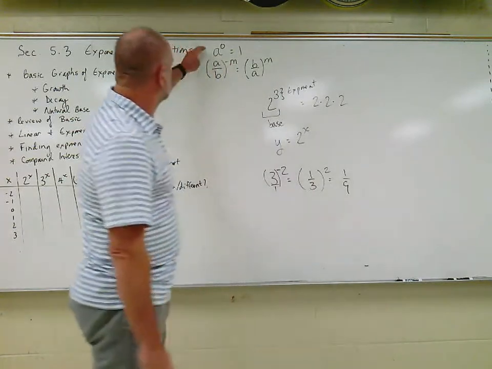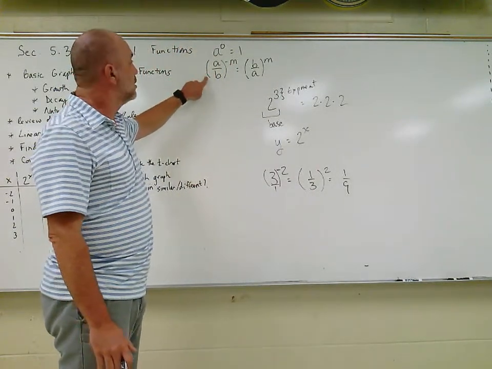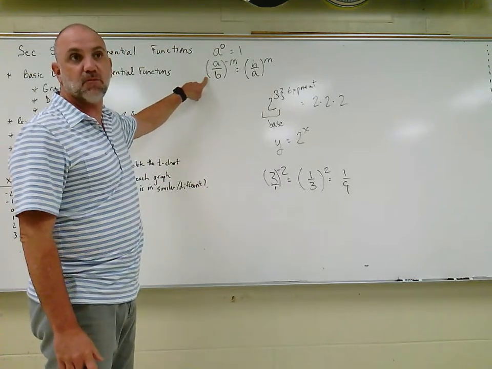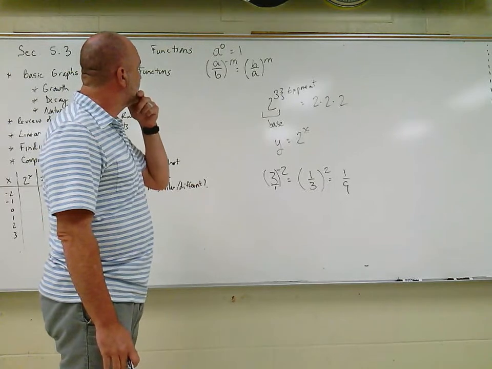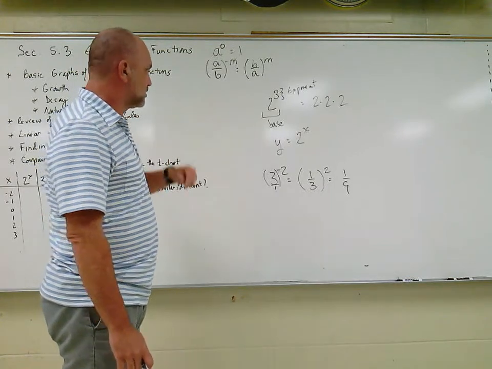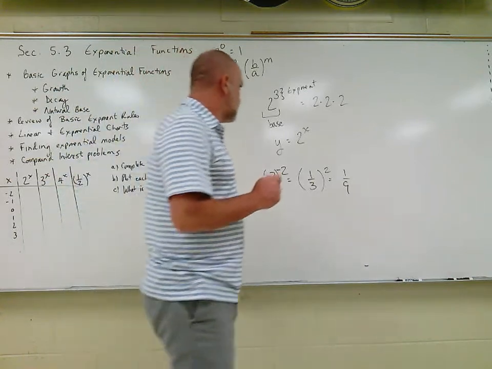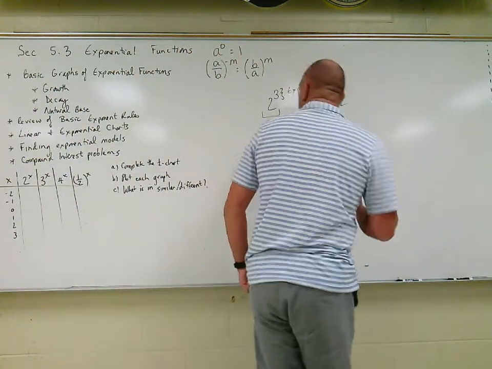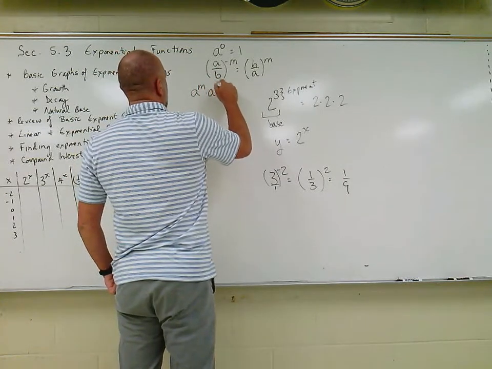So this one we use a lot. This one you may not use a lot, but it's helpful. Just a quick refresher on these 2. What is the rule if you have the same base and you multiply?